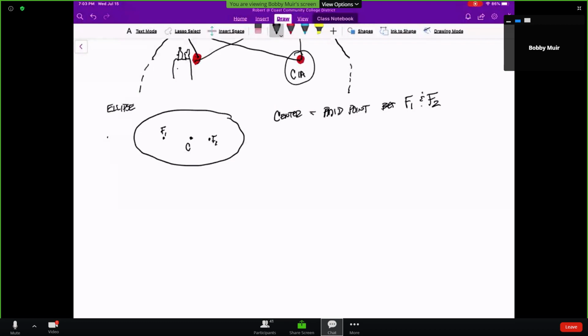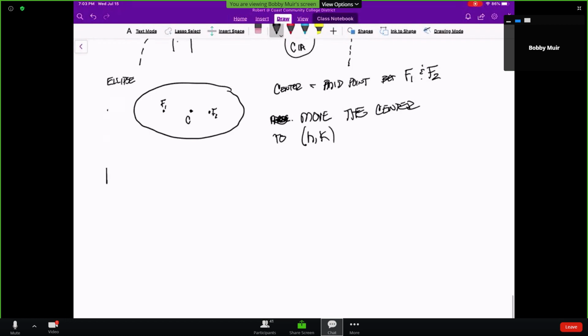If we want to move the center to (h, k), then our two equations would be (x minus h) squared over a squared plus (y minus k) squared over b squared equals 1.